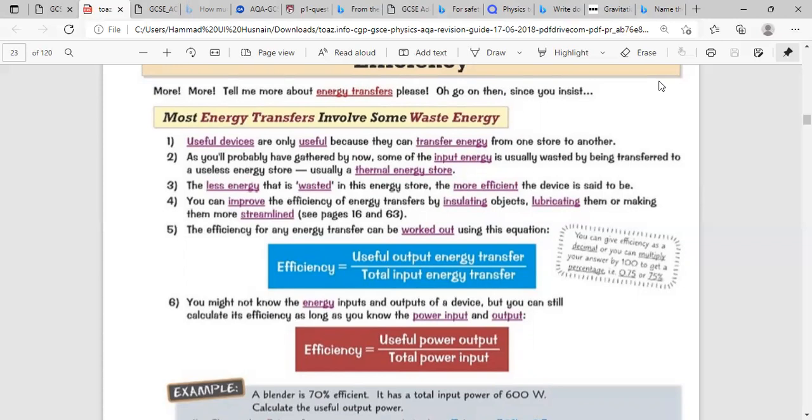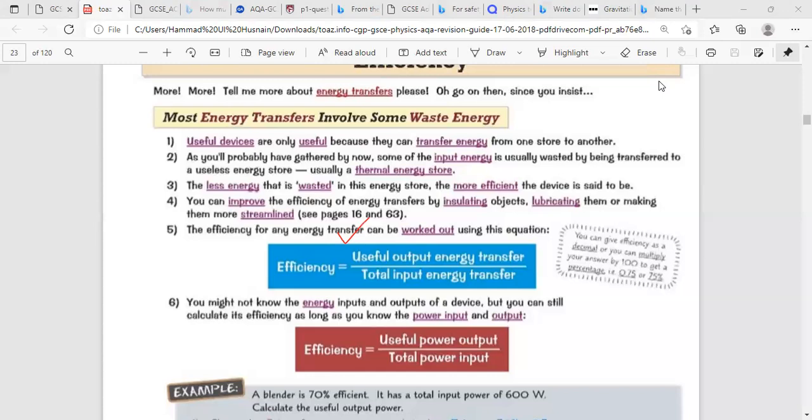Because it's in percentage, you want to put it down as a decimal, so you divide by 100. That would be 0.7, and it will be multiplied by the input. Let us work out the output. So it'll be 0.7 times 600.